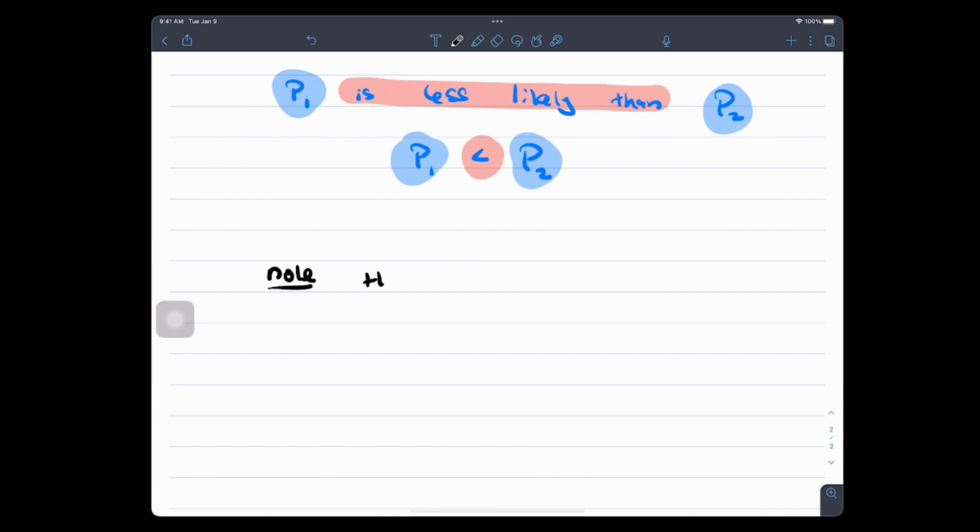You can compare Hispanic versus non-Hispanic. You can compare Hispanic versus white if you want.